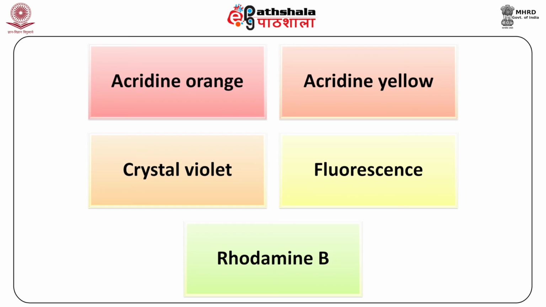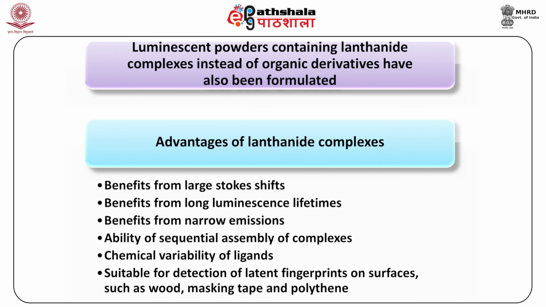Some common organic compounds which have been used for preparing luminescent powders are acridine orange, acridine yellow, crystal violet, fluorescein, and rhodamine B. Luminescent powders containing lanthanide complexes instead of organic derivatives have also been formulated.